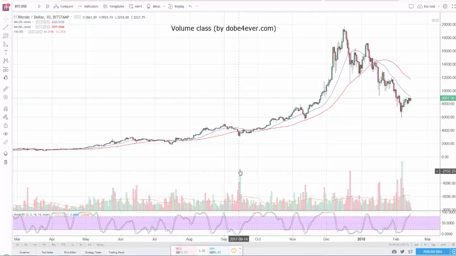This usually indicates we're going to have an uptrend ahead sometime soon in the future. Same when we see the big spikes of red volume going way beyond the average volume for the past 20 days. Then it usually indicates we're going to have a downtrend in the near future.